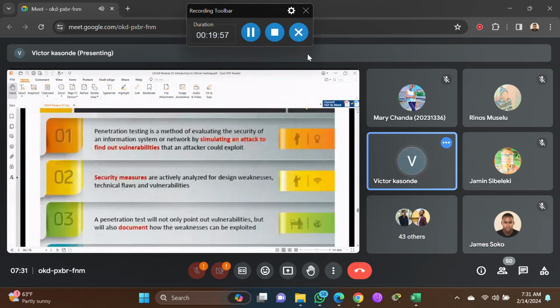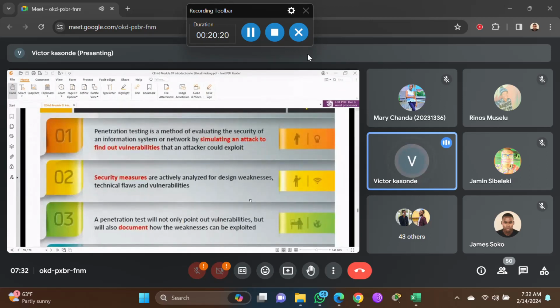You behave like one so that you see the vulnerabilities of the system. The reason why we are behaving as an attacker is that we want to discover vulnerabilities of a particular information system or network.